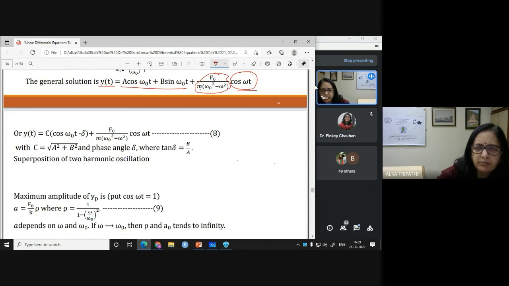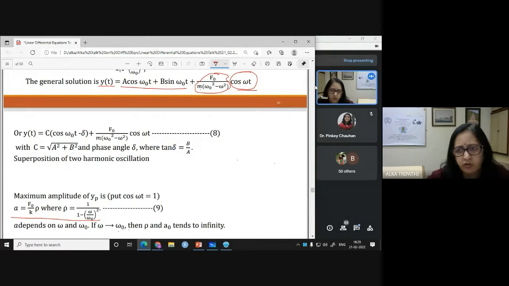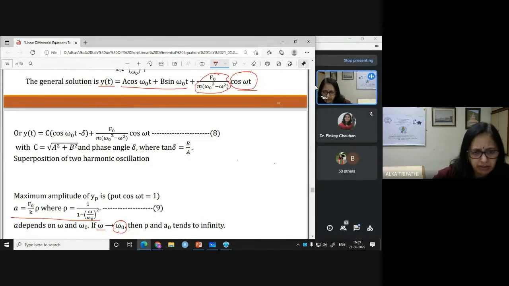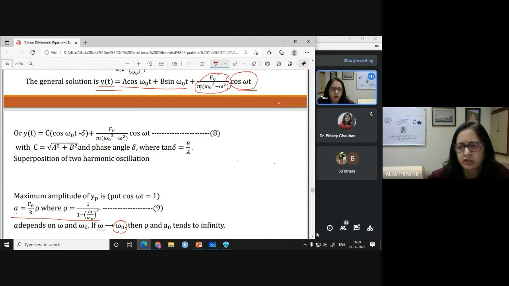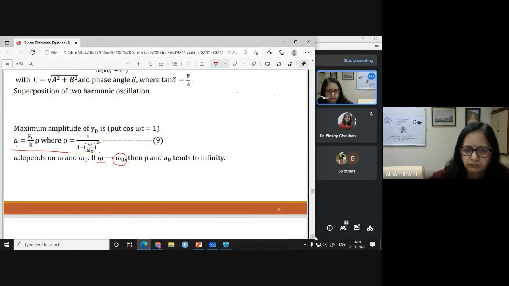Taking k by m, or taking m constant, we can write a equal to this value. So you can see as omega tends to omega naught, omega and omega naught are two different values that will not be equal, because omega naught is the natural frequency whereas this is the forced one. But as this tends to omega naught, our a becomes infinite, or you can say our motion is infinite, it will be for the long term.